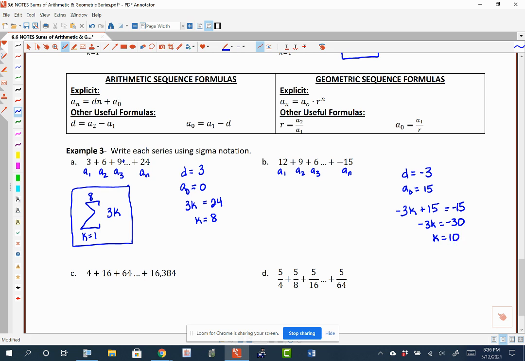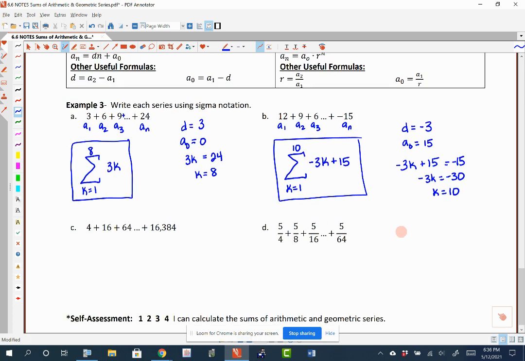So 10 has to be my upper limit. So on my summation, I'm supposed to be going from K equals 1 to K equals 10. On my function, my linear equation, that explicit form, negative 3K plus 15.